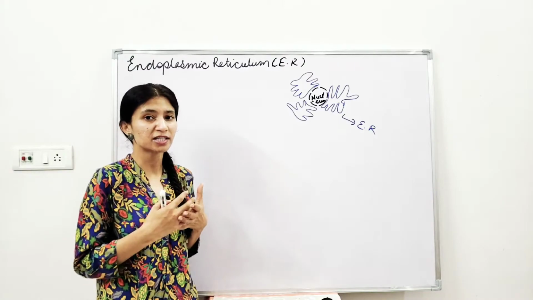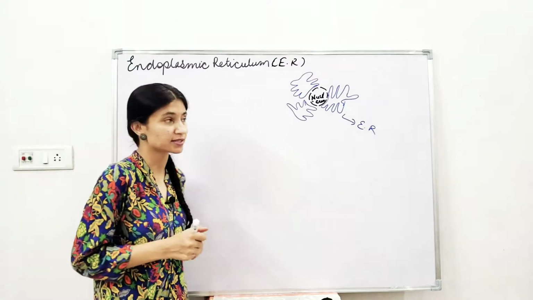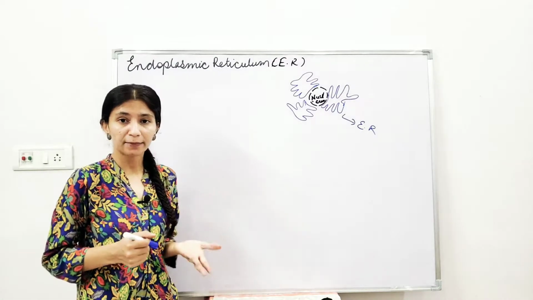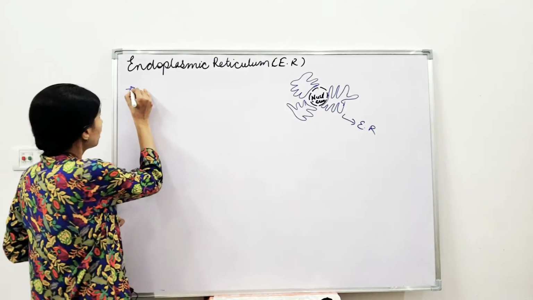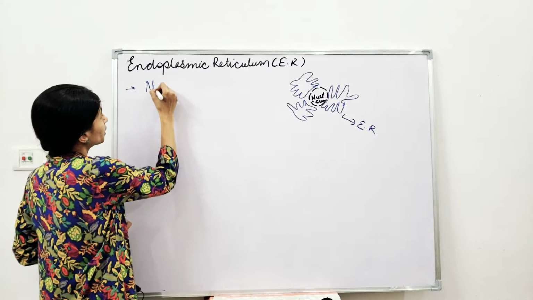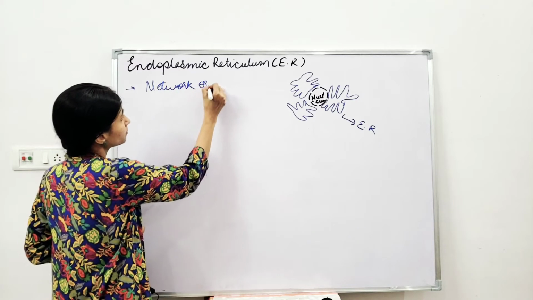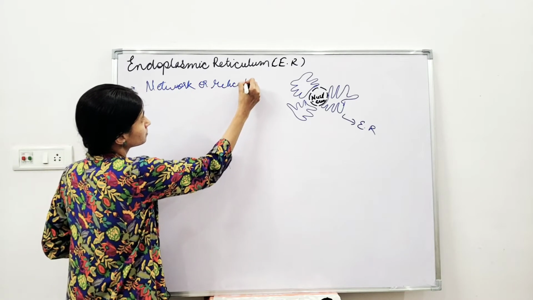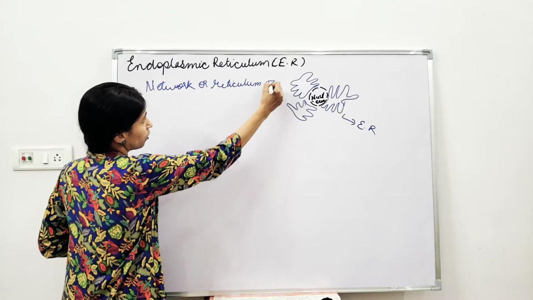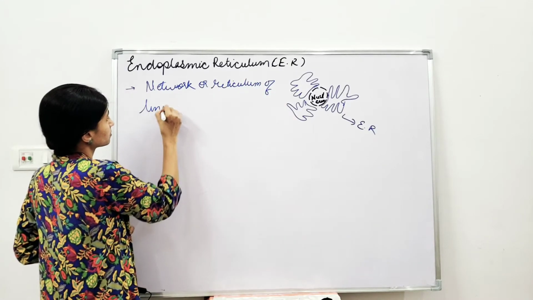When the electron microscope came into existence, it found a network, or reticulum, of tiny tubules.